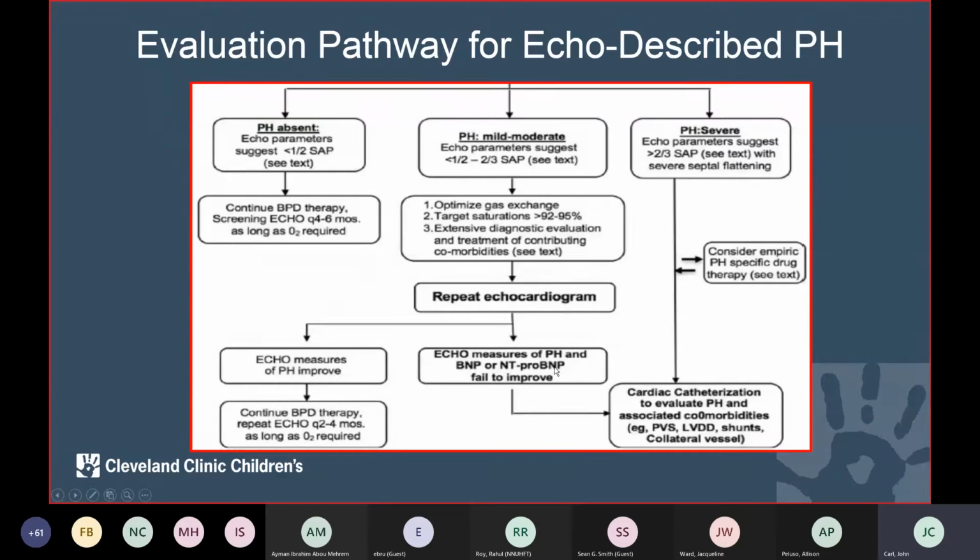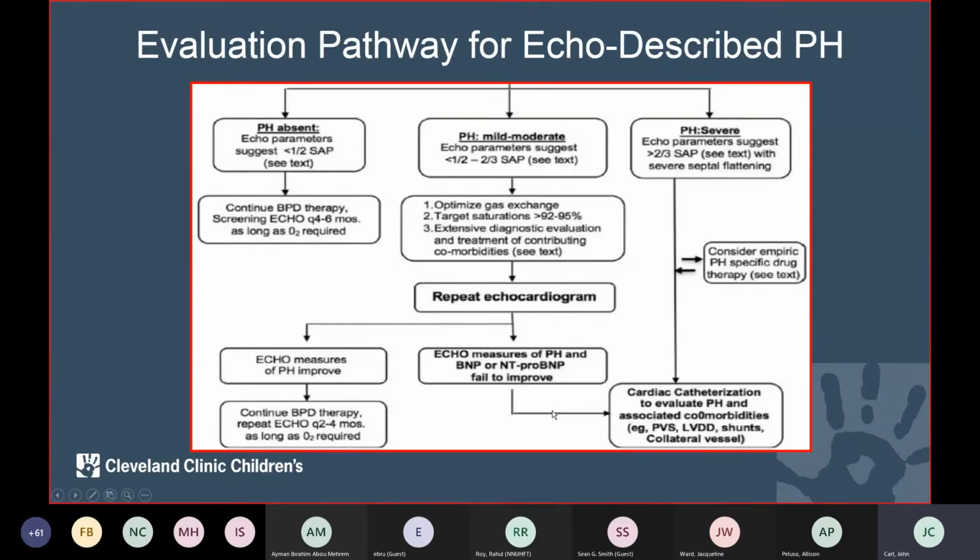And if milder, do the mechanical things for optimizing gas exchange, targeting saturations in the mid-90s, diagnostic evaluation, including comorbidities, but echo measurement, serial echo measurement, and measurement of BNP or NT-proBNP if the pH fails to improve echocardiographically.